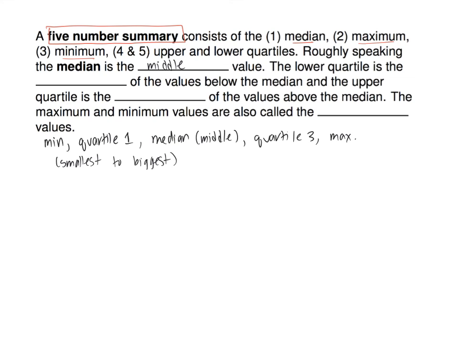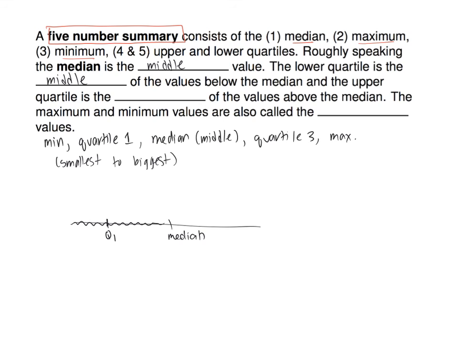And once you have the middle value dividing stuff in half, if you look at your lower half only, the lower quartile is the middle of the values below the median. So you have your median that divides stuff in half. And if you look at this half only, the lower quartile is the median of that, or the middle of that. We call that Q1.